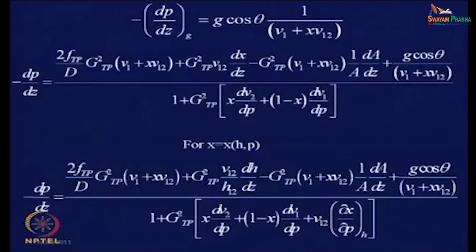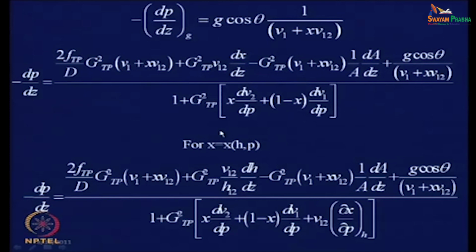Okay. Under such circumstances we cannot write x is a function of h and p only. Under that circumstance we have to perform a proper energy balance equation, and from that energy balance equation probably we would like to get it. Under that circumstance this does not hold any longer.